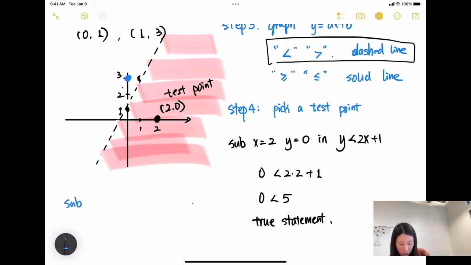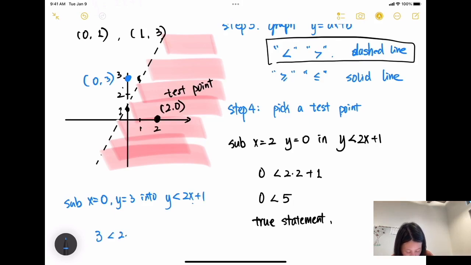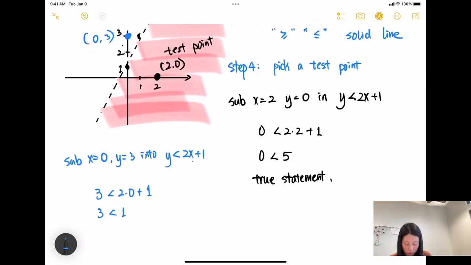That means I want to substitute 0 and 3 into our inequality, y less than 2x plus 1. So I have 3 less than 2 times 0 plus 1, which is 3 less than 1. This is not a true statement, right? This is a false statement.